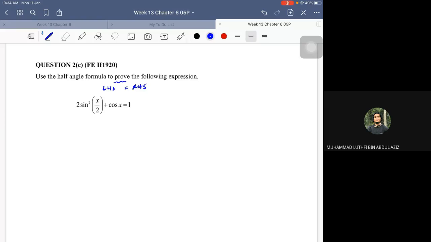As usual, bila kita buat proving, dia lebih senang kalau kita prove yang lebih complicated kepada form yang lebih senang lah. For this case, yang mana lebih complicated, so the left hand side is definitely going to be more complicated. So kita nak prove, kalau kita simplify this particular problem, menggunakan half angle formula, so dia akan jadi sama dengan 1.